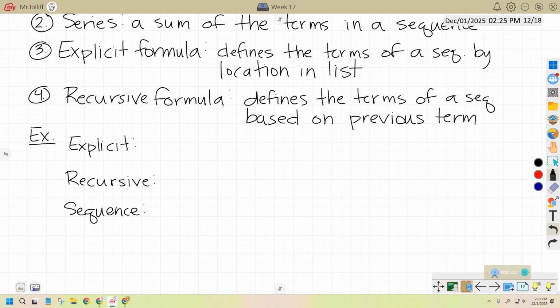So the explicit formula for this sequence is a sub n equals 2n minus 1. And sometimes you'll see a sub n written as f of n. You'll see function notation instead of sequence notation.